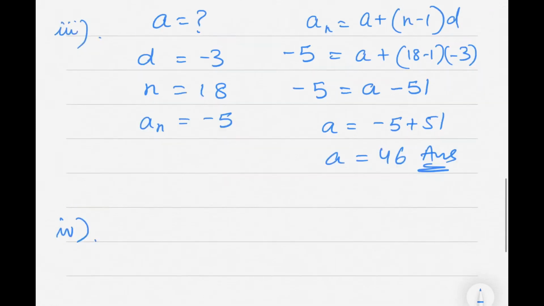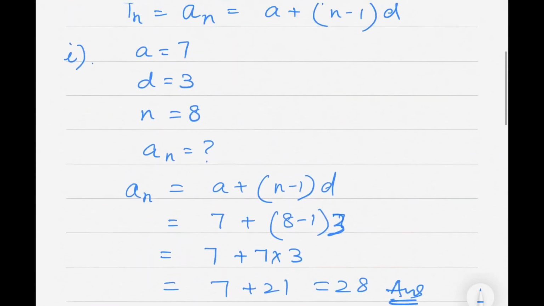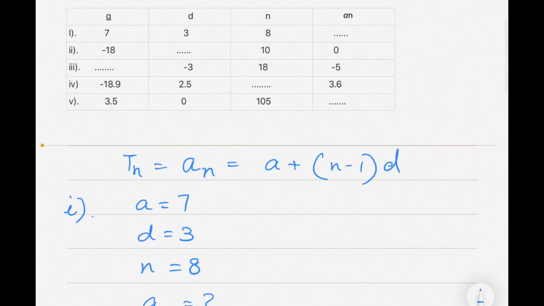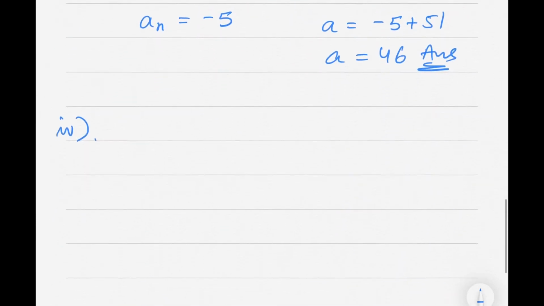Okay, the fourth part says, let's see the table. a is minus 18.9 and d is 2.5, and I have to find out n, and my nth term is 3.6. Okay, let's write down all the values.